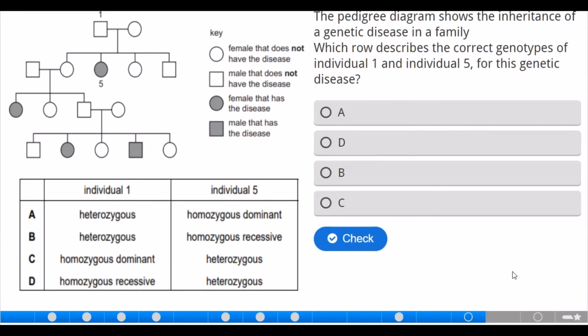The pedigree diagram shows the inheritance of a genetic disease in a family. Which row describes the correct genotypes of individual 1 and individual 5 for this genetic disease?